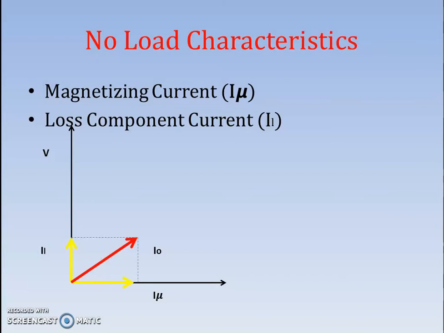So from the phasor diagram we can say that the no-load current is composed of the magnetizing current as well as the loss component.